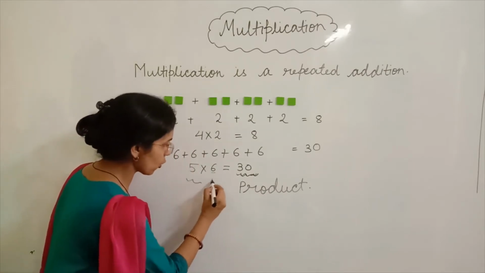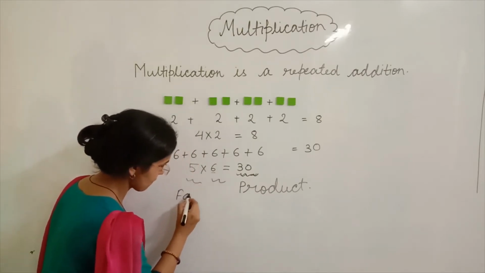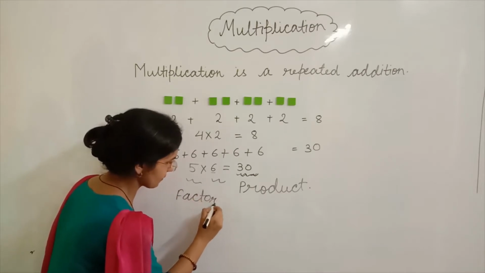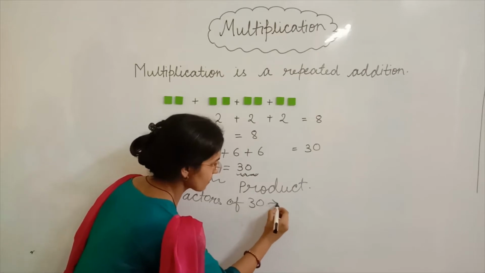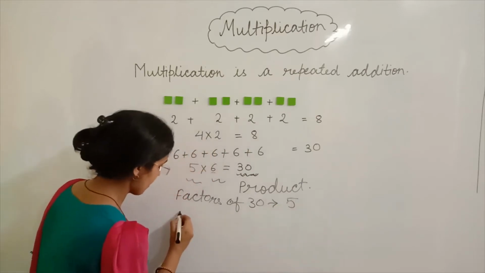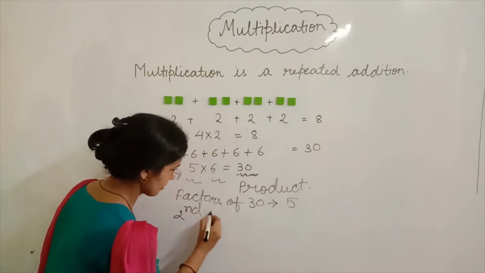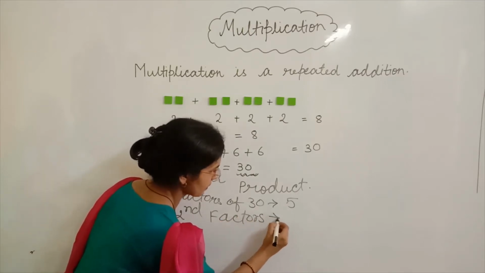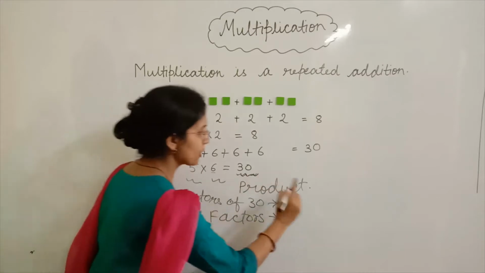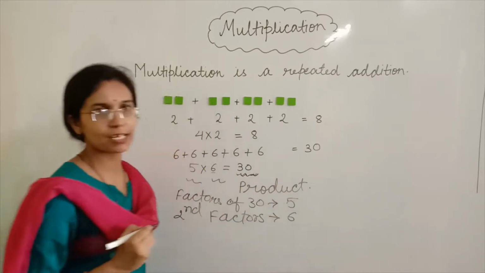These parts are called factors. Factors of 30. First is 5. Second factor is 6. And together they are called product.